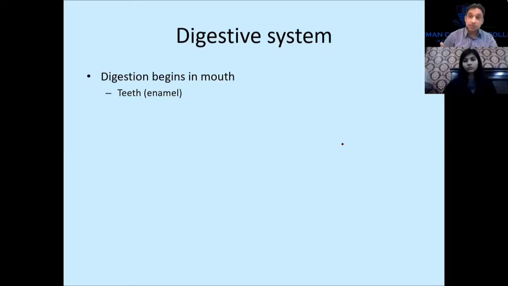The digestive system starts preparing itself even before we eat anything. It starts when we think about having food. It's a little bit interesting as well as weird. It starts when we even think about having food.